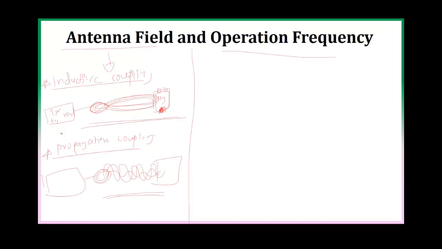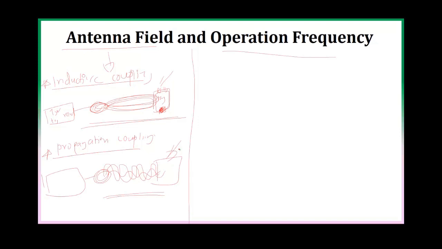In general it is said that this is used for passive and this is used for active. So for passive it's good to have inductive coupling. It's good to have propagation coupling where you want more distance. All right, there are different frequencies you could consider for different applications.